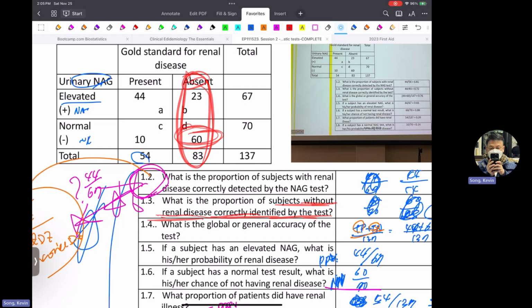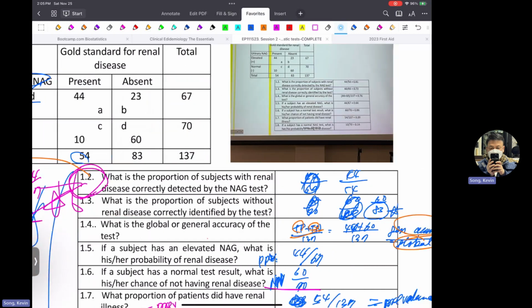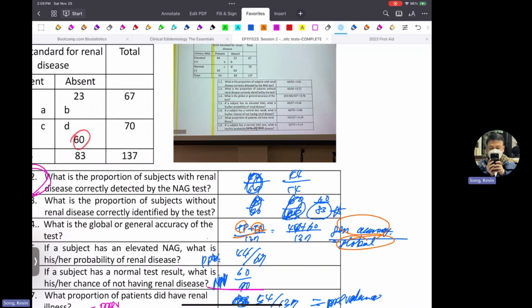So it's nothing but the specificity. Okay, so 60 divided by the false positive plus the true negative. So that's going to be this one.